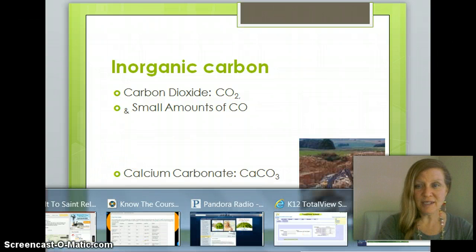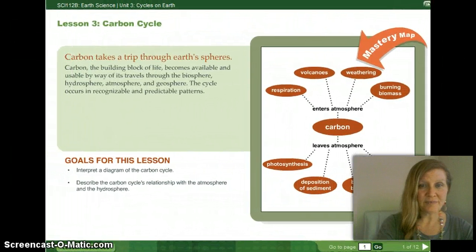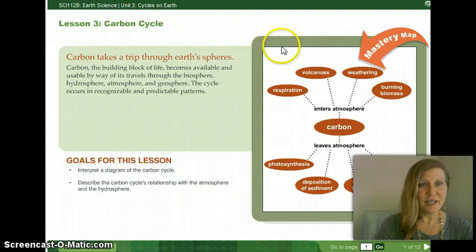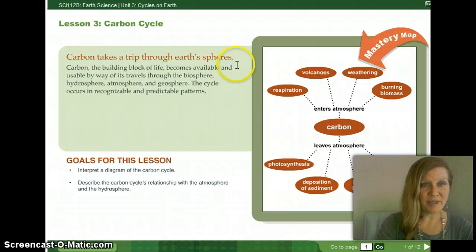When you're reviewing this lesson, it's important to consider the ways that carbon enters and leaves the atmosphere. As you know, that carbon takes a trip through most of all of Earth's spheres and becomes a building block of life.